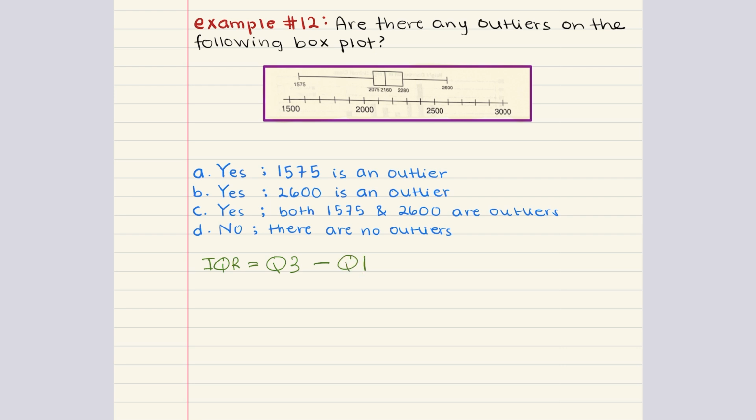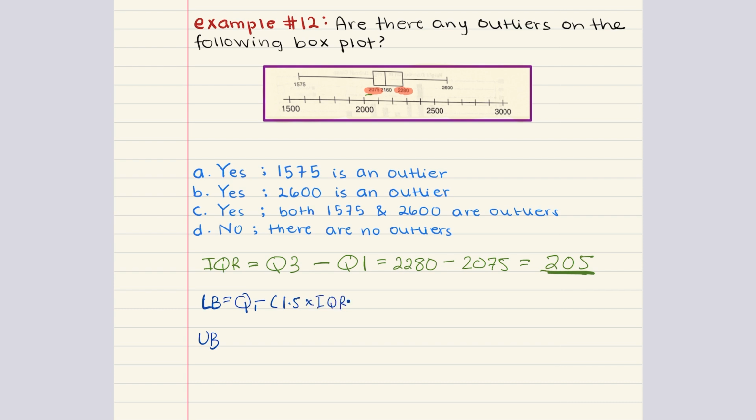Now, we can calculate this because we're given Q1 and Q3 on the box plot. Q3 is equal to 2,280, and Q1 is equal to 2,075. And this difference gives us 205. This is our interquartile range. From here, we can calculate the lower bound and the upper bound. The lower bound is defined as Q1 minus 1.5 multiplied by the interquartile range.